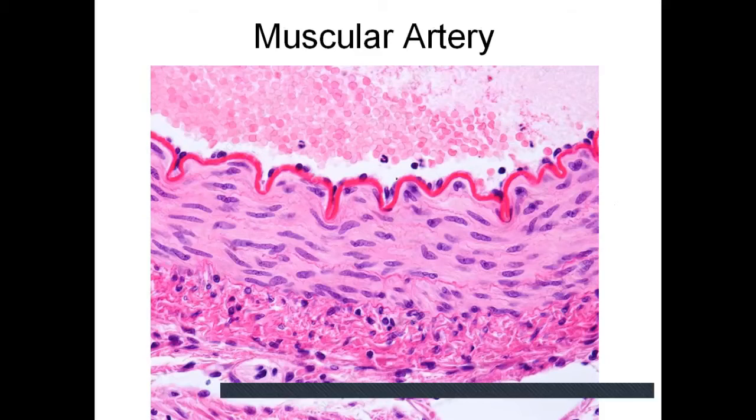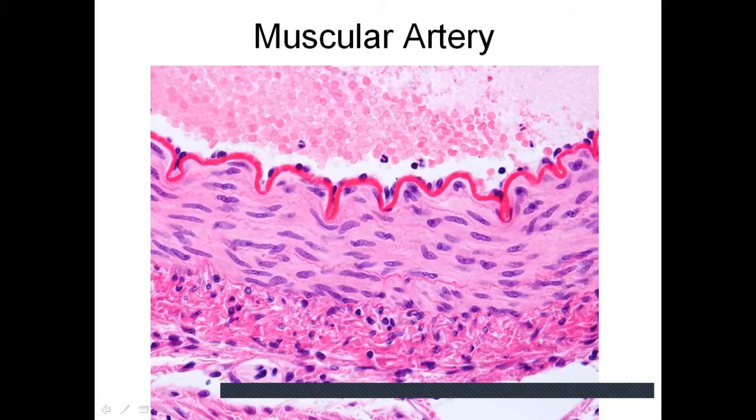At the top of this slide here is the lumen of this artery, and you can see it's full of these red circles. What are these red circles? Well, of course, those are red blood cells.